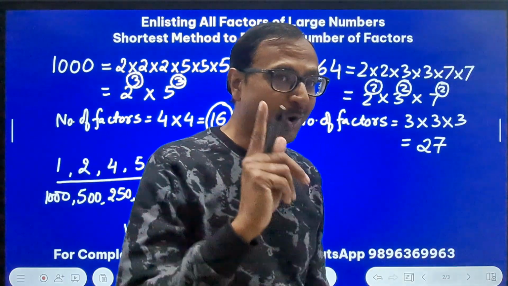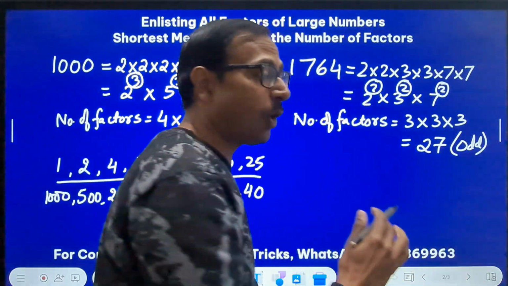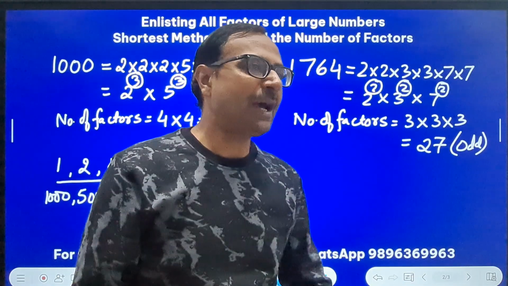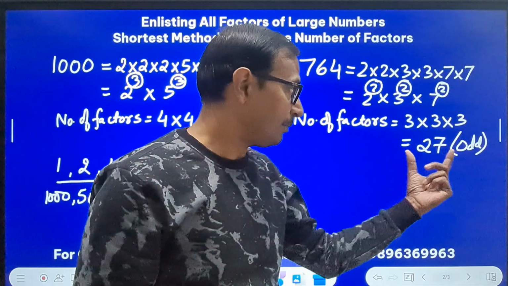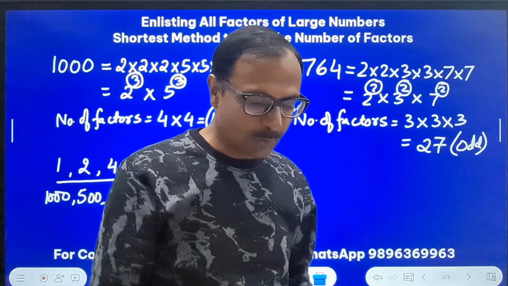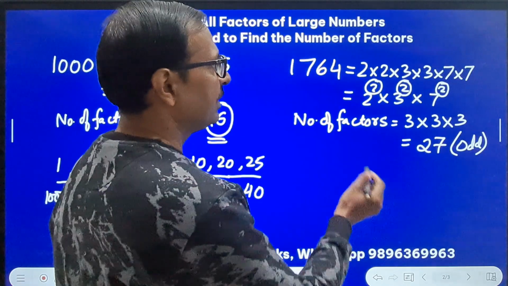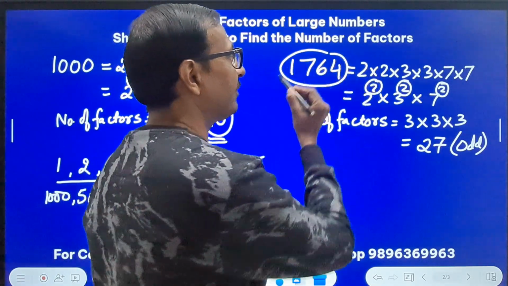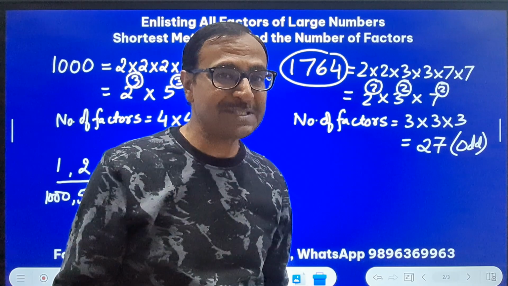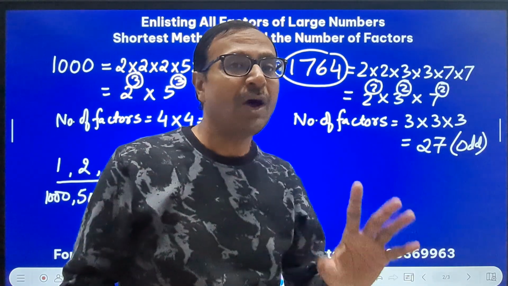Now see, odd number of factors. 27 factors is an odd number of factors. Now what happens when you get a number like 27, or maybe any other odd number? The thing to understand is that the number has to be a perfect square. 1764 has to be a perfect square if the number of factors is odd.